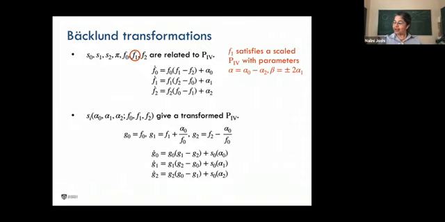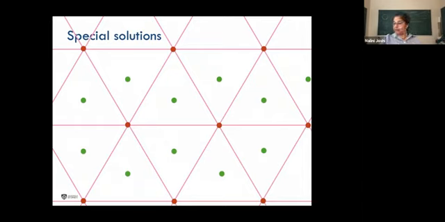Oh, I'm sorry. I have to operate the slideshow better. There are other things that this framework gives you. In fact, it's well known that for special values of parameters, what I call alpha and beta in the original form of Painlevé 4, which correspond to special points in this triangular lattice, you get rational solutions here, here, and so on.